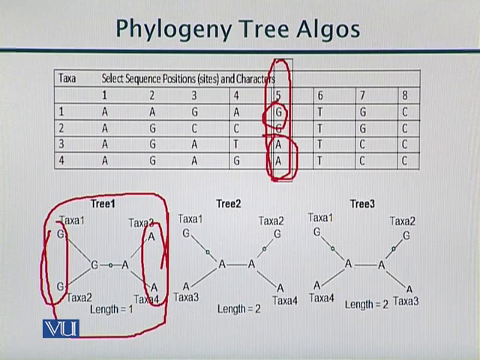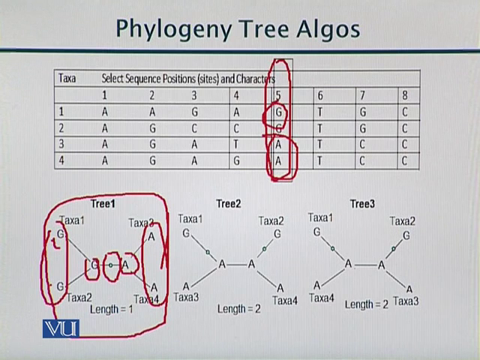To make them into a rooted or unrooted tree, we put A here and G here. This G represents these two G's, and this A represents these two A's. Then we have a combination here, which shows that we have only a tree of length 1.